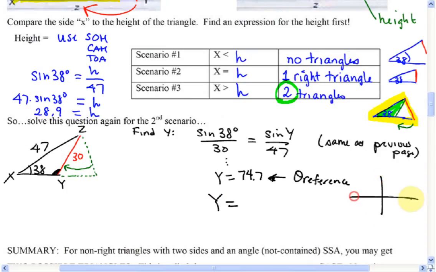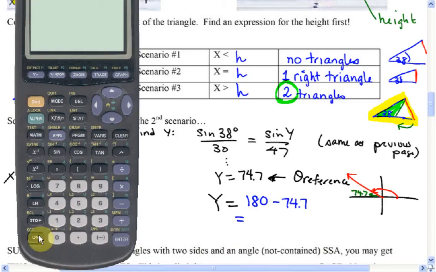Excellent. It's in quadrant number 2. The reference angle is 74.7, so this angle is 180 minus 74.7, which is equal to something.